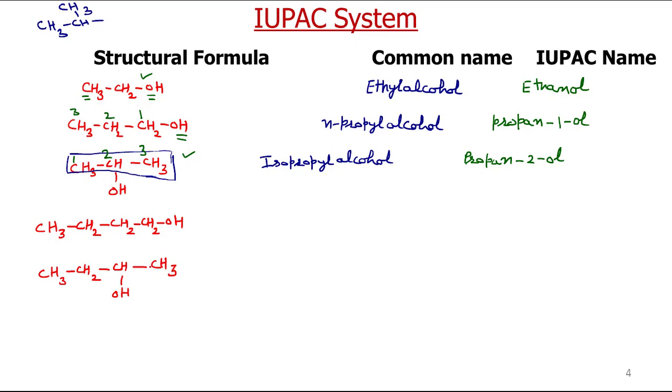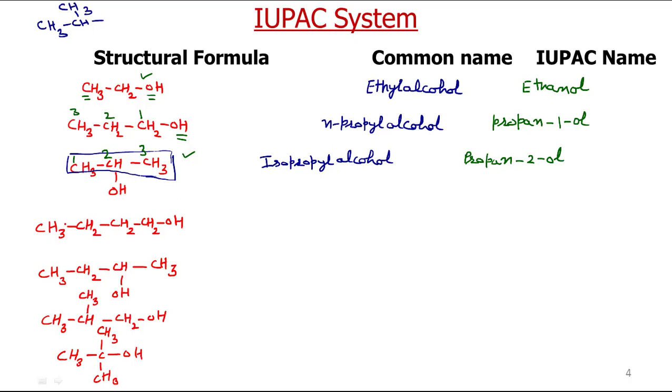Third possibility can be CH3 CH CH3 CH2 OH, and the last possibility can be CH3. These are the various structural isomers that can exist for a monohydric alcohol which contains 4 carbon atoms.